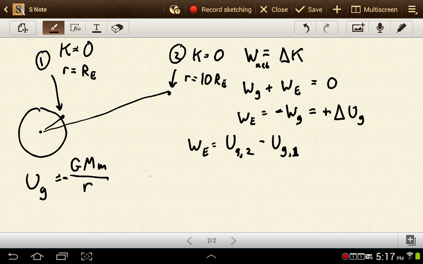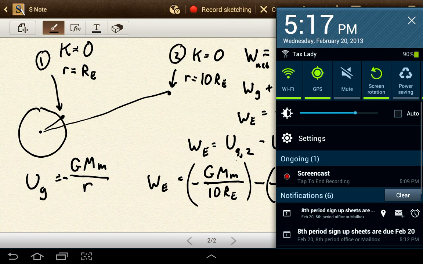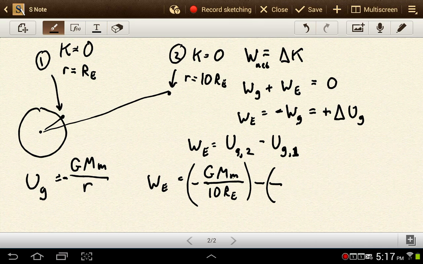So, coming back over here, work done by the engines is, we take the potential energy at point 2, which is negative big G, big M, little m, over our distance between the two at point 2, which is 10 r_E, minus negative, and just to make it clear, this here is UG at point 2, and then UG at point 1 is big G, M, where big M is the mass of the planet, which is the same as the mass of Earth, so pretend there's a little M_E in there, over r_E.